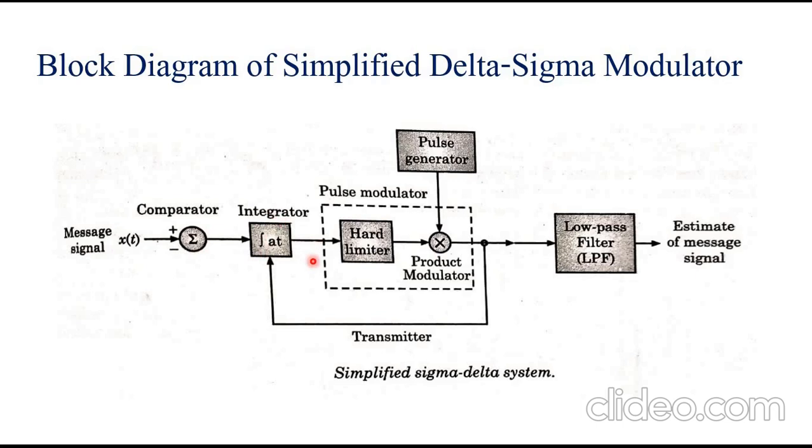The receiver design is also simple: by using a simple low pass filter, we can demodulate the original baseband signal. Here the comparator shifts towards the left of the first integrator, and there is a cancellation of both integrators, making a unity feedback. So there is no requirement of a differentiator at the receiver side.